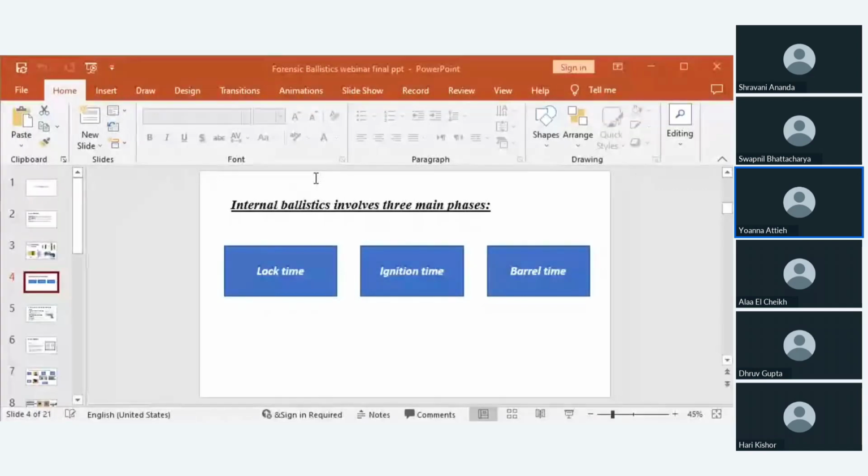This phase is essential for understanding how the projectile is propelled and how this affects its trajectory once it leaves the firearm.